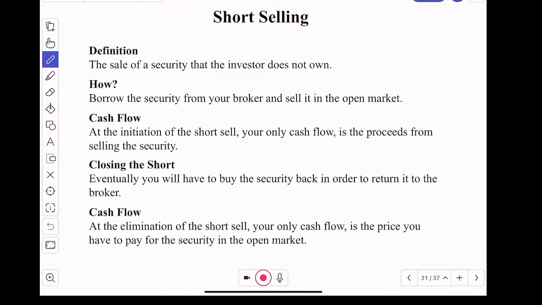At the initiation of the short sale, your only cash flow is the proceeds from selling the security. So you'll take the borrowed asset and sell it, and then use the proceeds for whatever you wish. And in the meantime, you look for opportunity to make a profit.